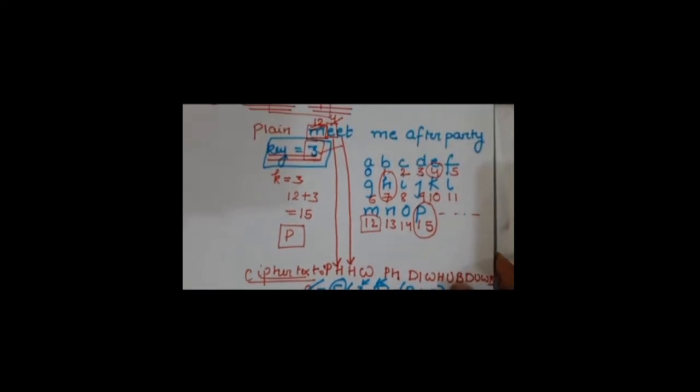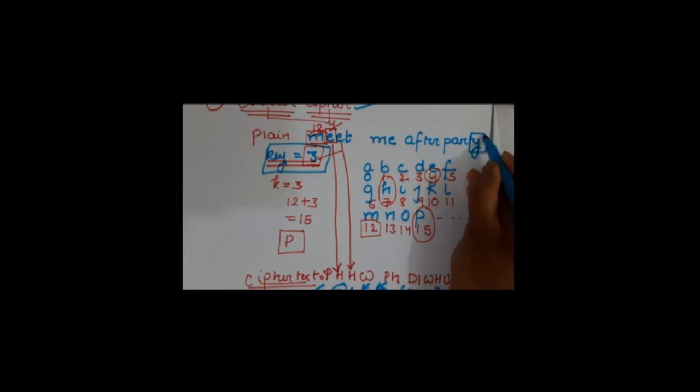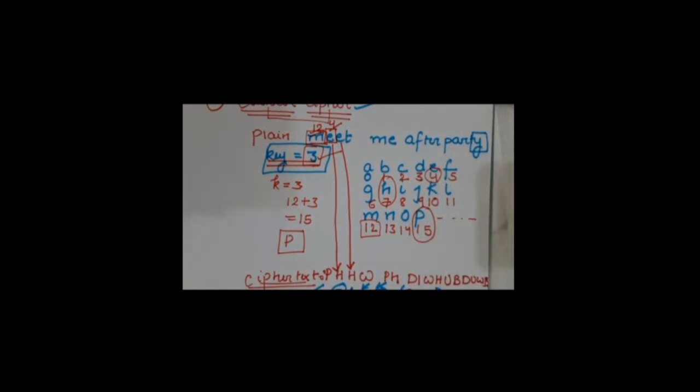Why are we doing mod 26? If you have a letter, for example Y, and you perform plus 3 for it: X, Y, Z. After Z there are no letters, right? And I still need a value, and that too in alphabets.